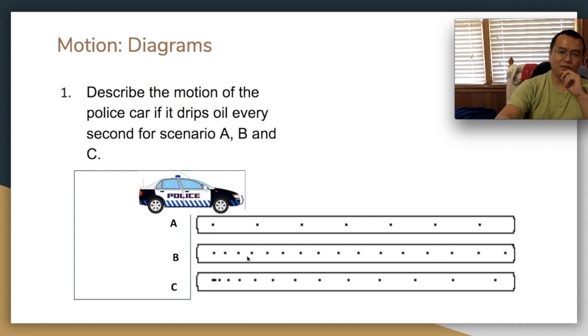So it speeds up to a certain speed, and then it just remains at that speed throughout. And right here, you see that it starts out and then keeps increasing. So the speed keeps increasing.